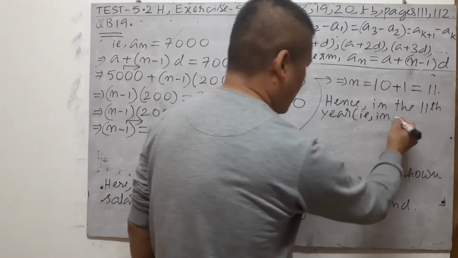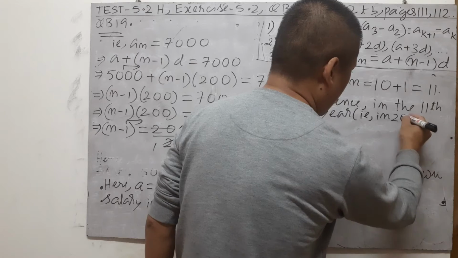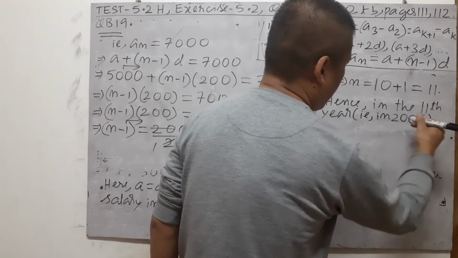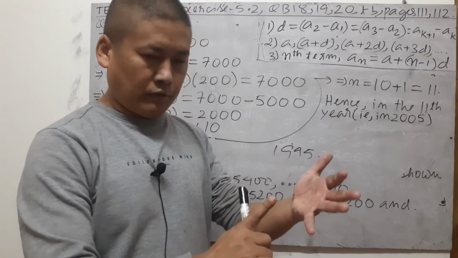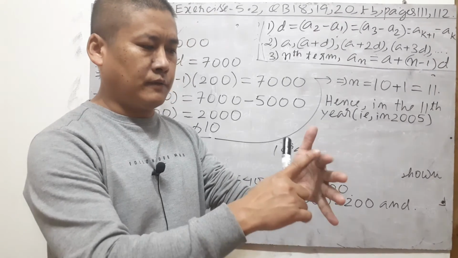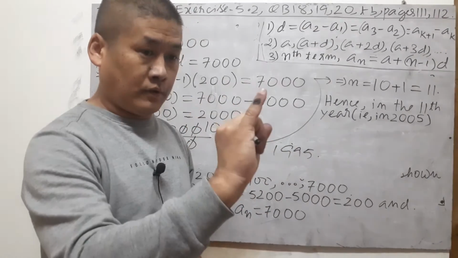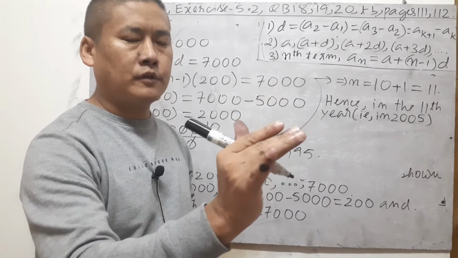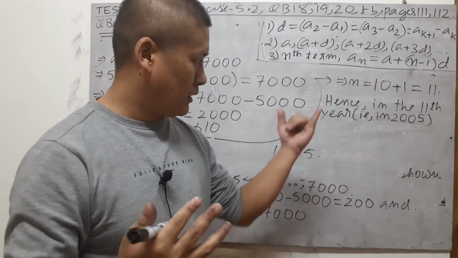So in 2005. Count once more: 95, 96, 97, 98, 99, 2000, 1, 2, 3, 4, that's 10, and the 11th year means 2005.